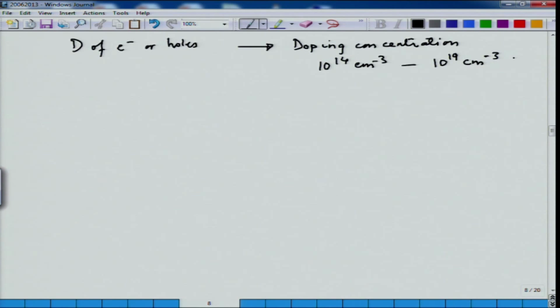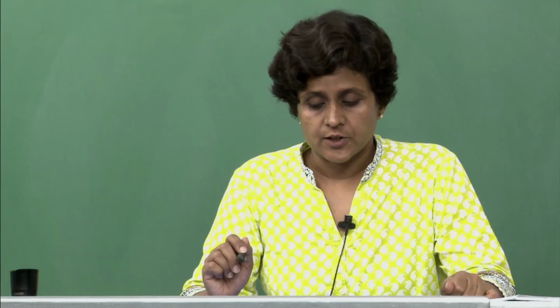Whether it is donor or acceptor, how will it change? How would we find that expression?